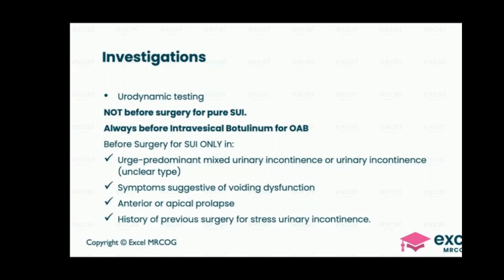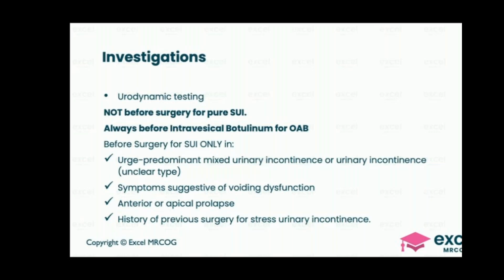So when there is anterior or apical prolapse, when there is a bigger problem in the anterior compartment, you cannot be very sure that this is just pure SUI. Sometimes when you just treat the anterior wall prolapse, it can even treat your SUI.